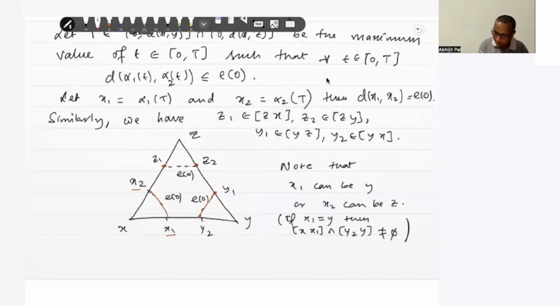And note that these possibilities can also occur: x1 can be Y or x2 can be Z. For example, if x1 is equal to Y, then the intersection of the geodesic xx1 with Y will be non-empty. So x1 will lie here, and the picture will be something like this.